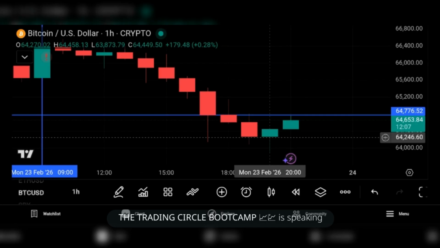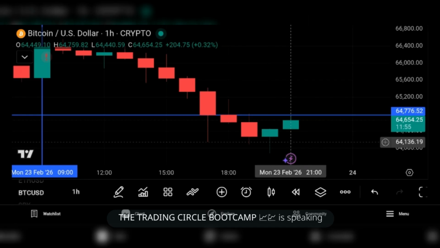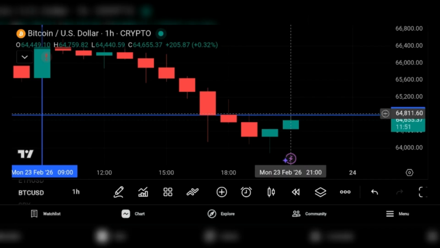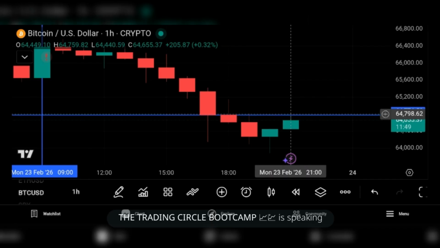You put a wick under the rectangle and a wick above the rectangle. Now, at the edge of the wick above the rectangle, at this top point, you name it high.